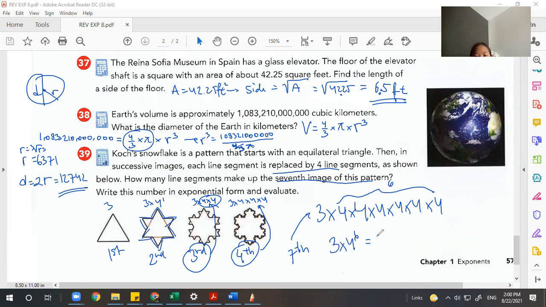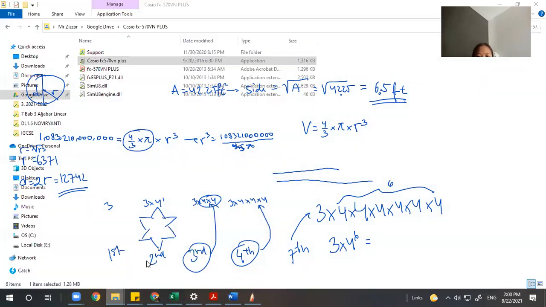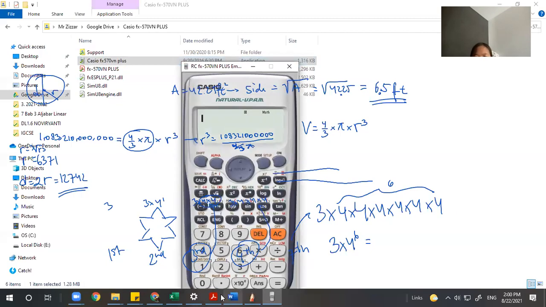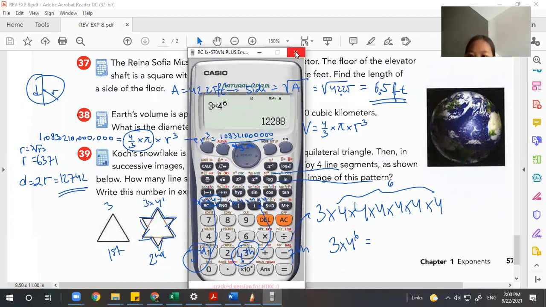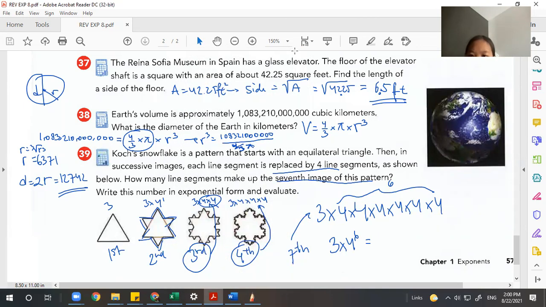You can use your calculator to find the answer. This is quite challenging, so I think your teacher will give you one or two questions about this. The answer is 12,288.